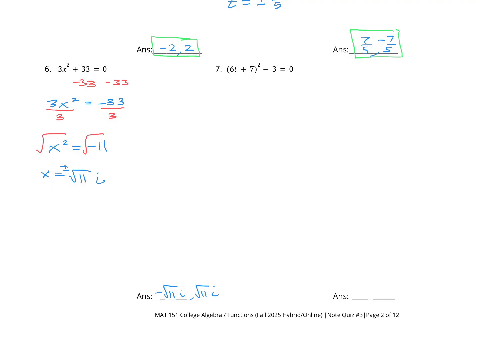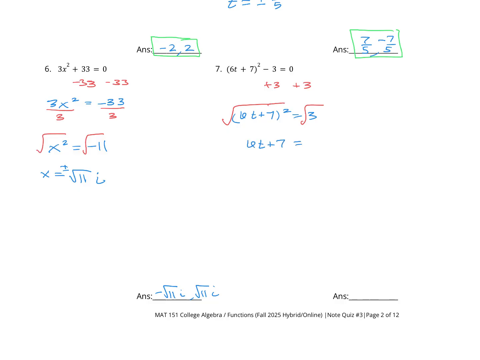All right, so for the next problem, you will notice that I need to first move that 3. So we'll add 3 to both sides, and that takes us to the quantity 6t plus 7 squared equals positive 3. We now take the square root of both sides of the equation. On the left, we get just 6t plus 7.